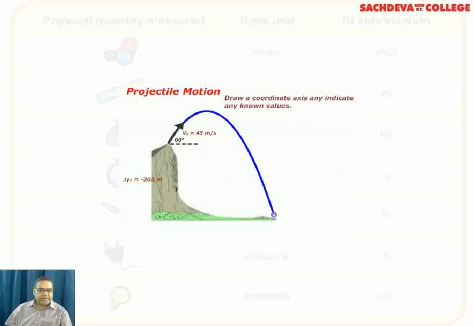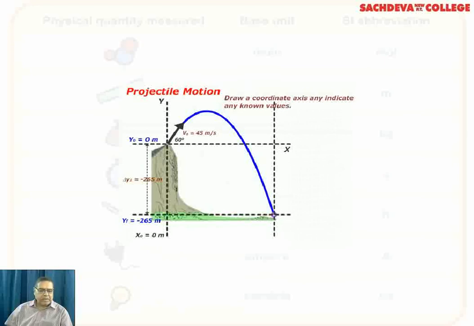Now, coordinate axes are drawn. The dotted line is indicating the y-axis, and the other axis, that is the x-axis, is the horizontal axis. So the velocity can be resolved into two components, along the x-axis and along the y-axis. And here we find that the angle of projection is 60 degrees. The blue line is indicating the path of the projectile, that is called the trajectory. The vertical component is 45 into sin 60.